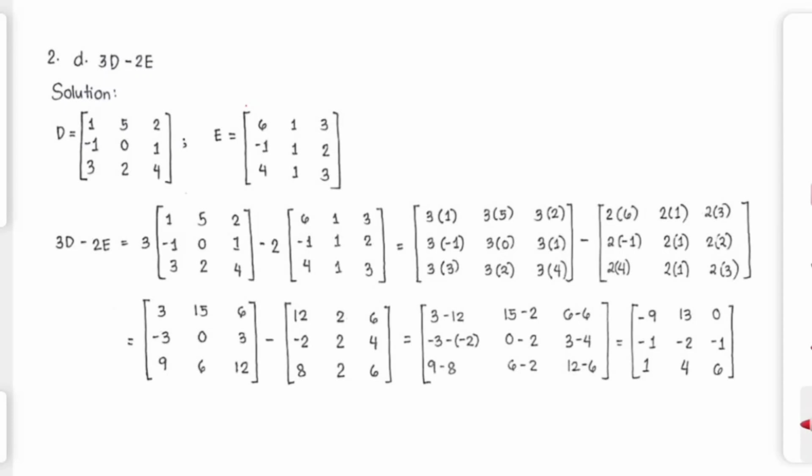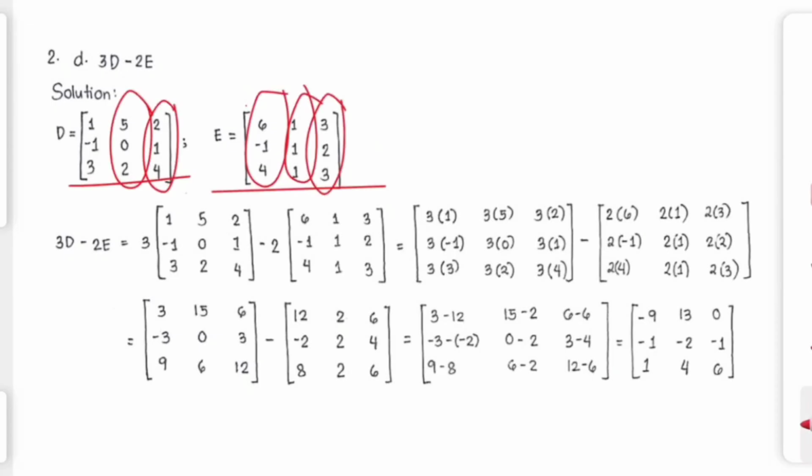Now let's move on to item number 2. Perform the indicated operation on the following matrices. Consider the following matrices to answer the problems below. Compute whenever possible. The given includes matrix D and matrix E. The operation that needs to be solved is 3D minus 2E.